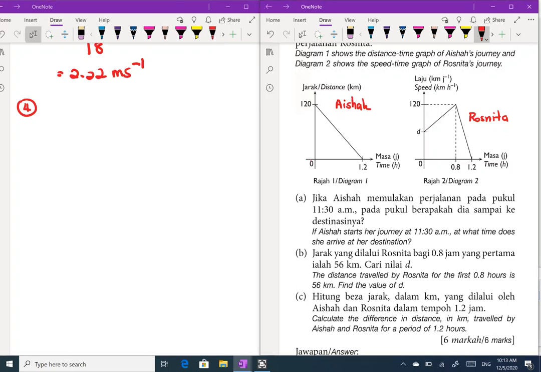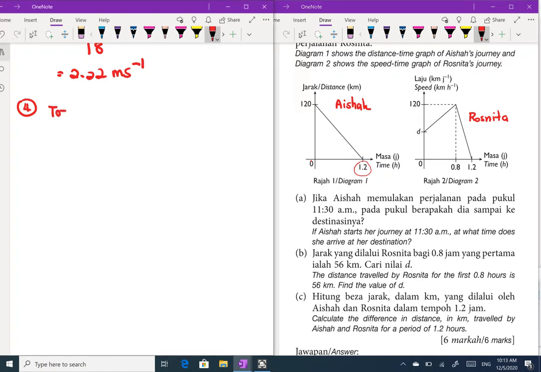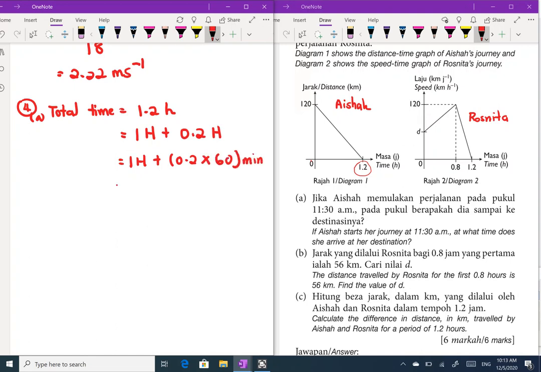She starts from 0 and uses 1.2 hours. So the total time is 1.2 hours to reach the destination. 1.2 hours means 1 hour plus 0.2 hour. I want to change 0.2 hour to minutes, times 60. So it's 1 hour 12 minutes.